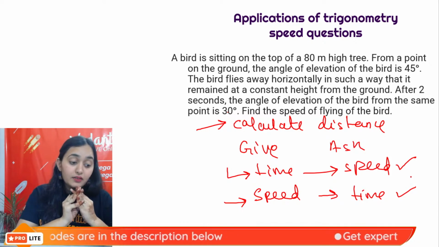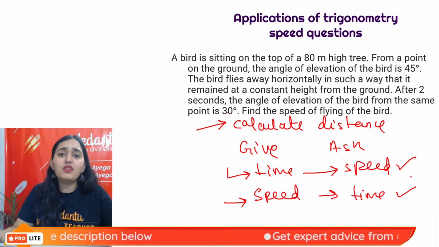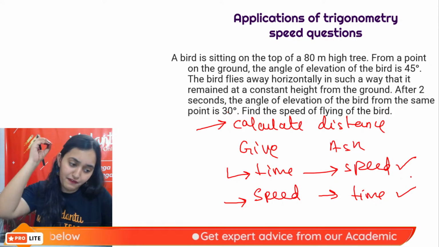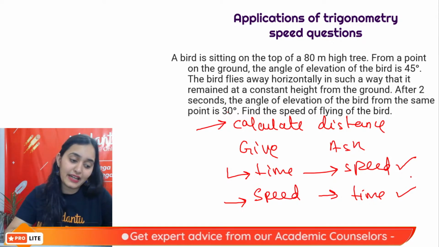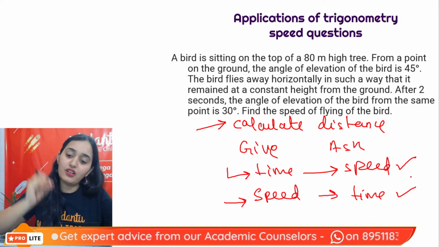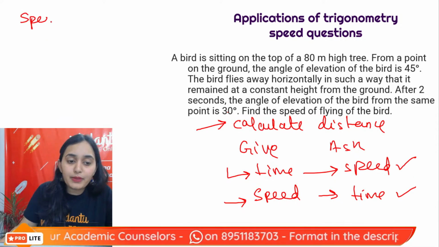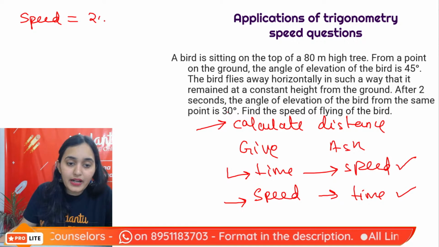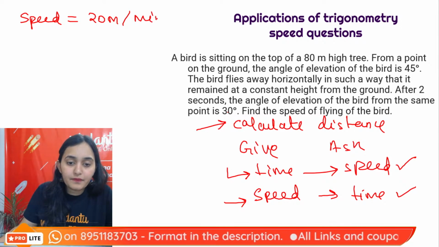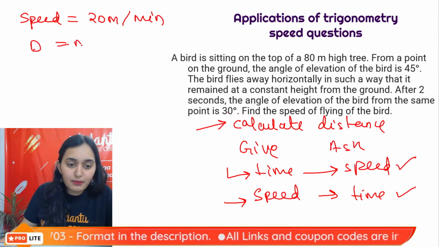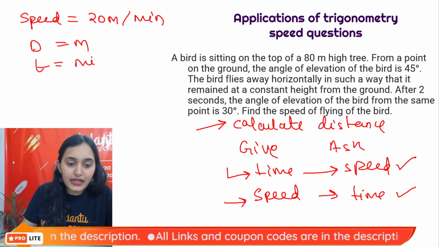Okay. Uday, that is absolutely question dependent. If in your question the time is given in seconds, fine. If in the question the time is given in minutes, it does not matter. If your speed is 20 meter per minute, then your distance will be in meters, your time will be in minutes.